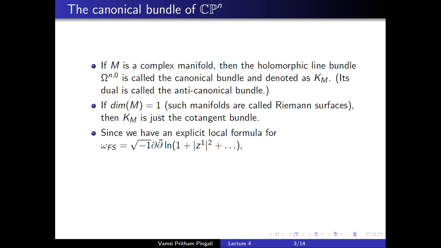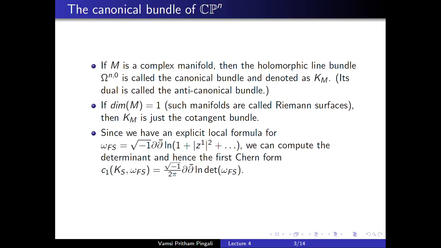So it is very common in Kahler geometry to refer to the 1-1 form itself as the metric. So anyway, the Fubini-Study 1-1 form in the standard local coordinate chart is square root of -1 times del del-bar log of a certain thing. So we have an explicit formula. It's a little unpleasant, but it's still explicit.